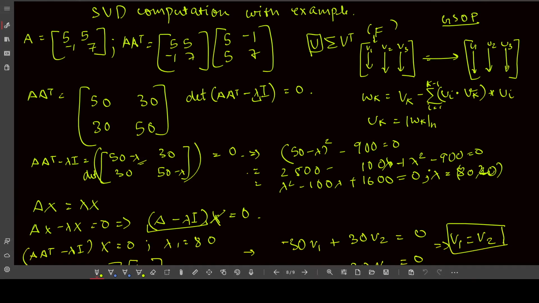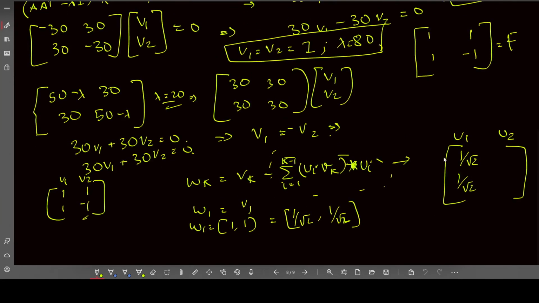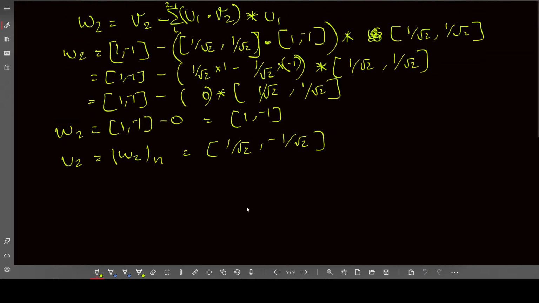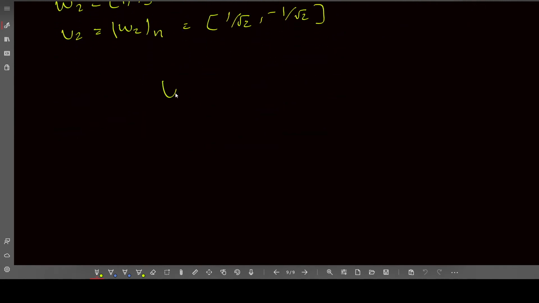So U2 is 1 by root 2 comma minus 1 by root 2. This is our U matrix, okay? This is equal to U. So in the SVD formula, you have U sigma V transpose.